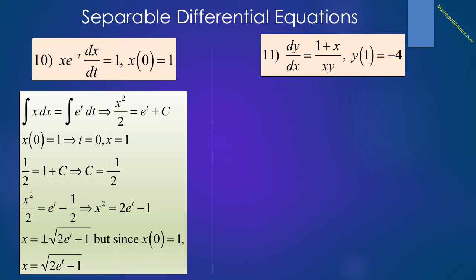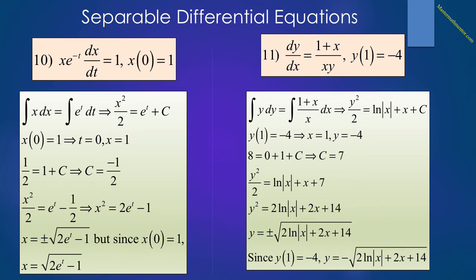Solving for x, we get x is equal to plus or minus the square root of 2e to the t minus 1. But since x of 0 is equal to 1, that means that x has to be positive, and therefore x is equal to just the positive square root of 2e to the t minus 1.